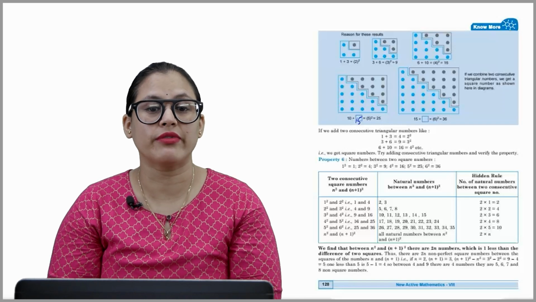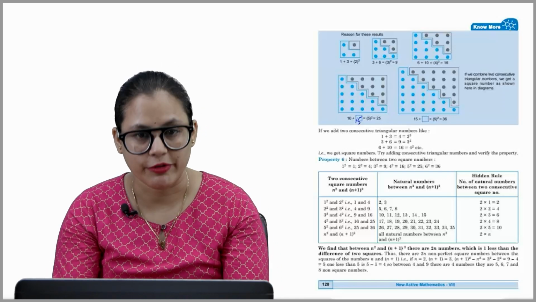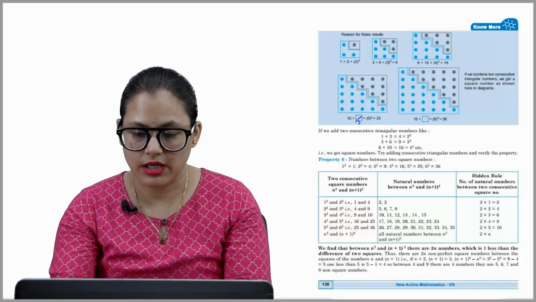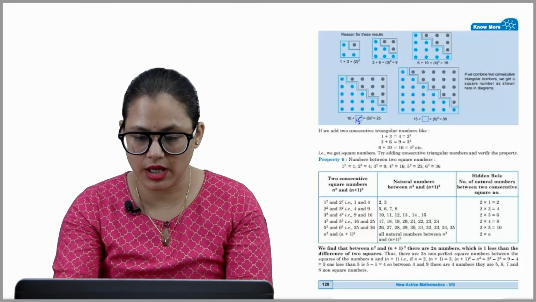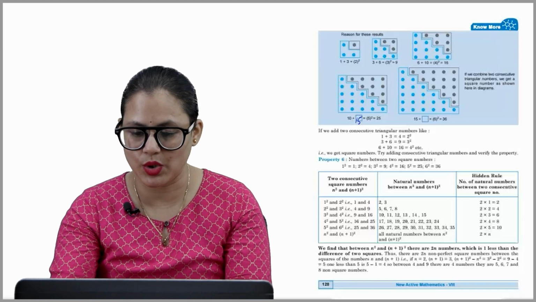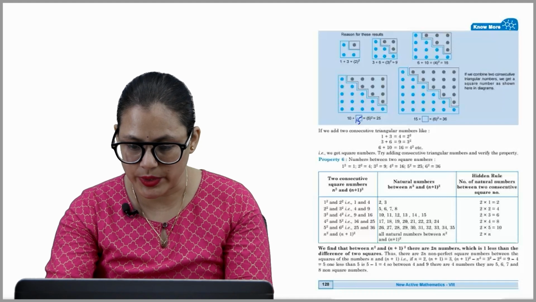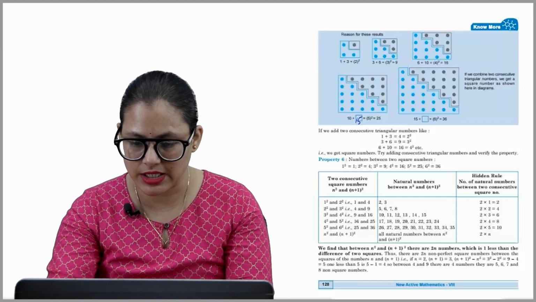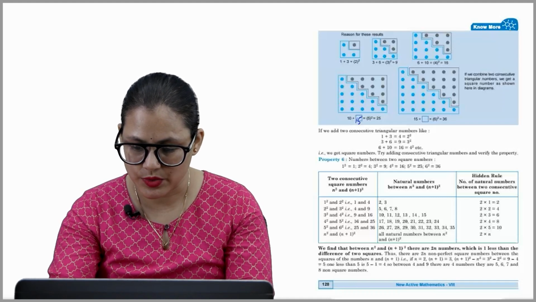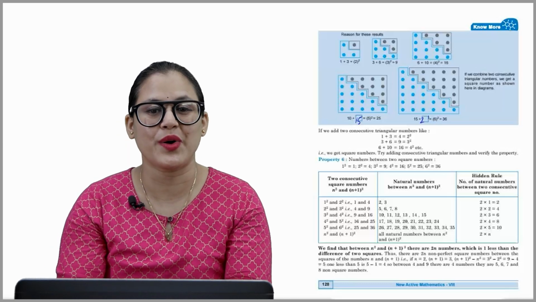10 plus 15 is 25, that means it is the square of 5. Okay. Similarly, 15 plus, count all these dots, circles, 21. So, 15 plus 21 is 36, which is the square of 6.